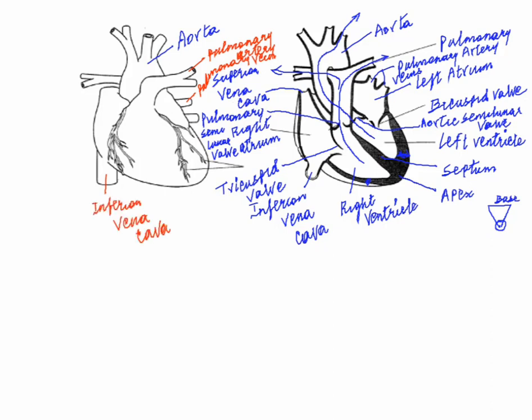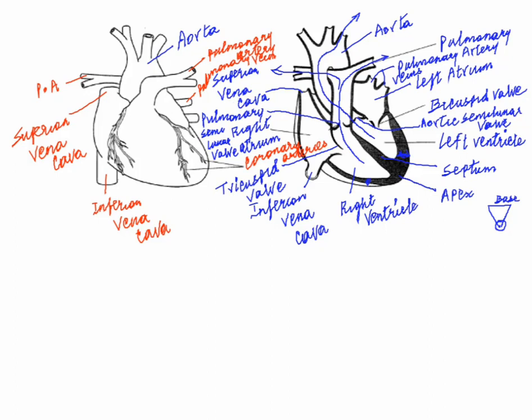Then you have the superior vena cava. Then this is the other pulmonary artery, isn't it? The right and the left. So this is also a pulmonary artery. This is the right pulmonary artery. The one we've labeled fully is the left pulmonary artery, isn't it? And these are coronary arteries.